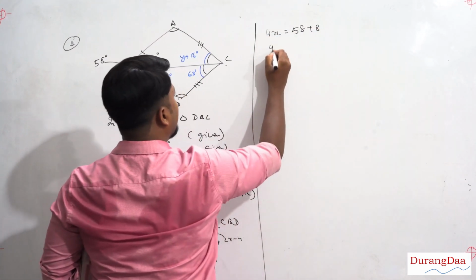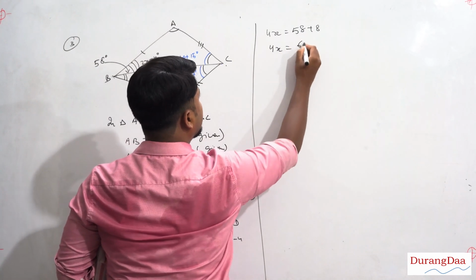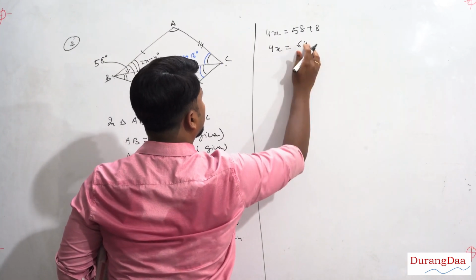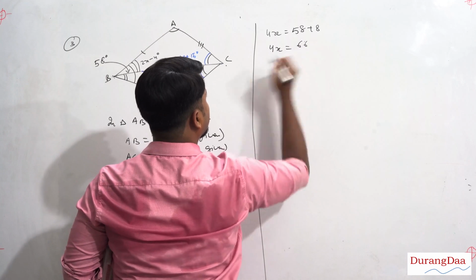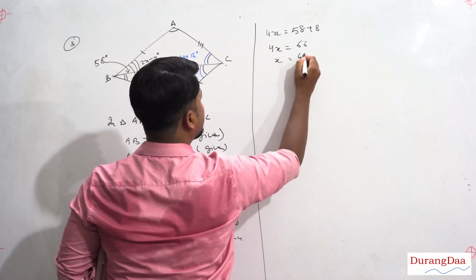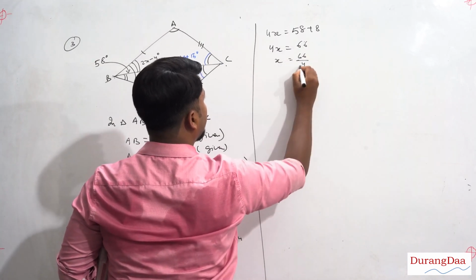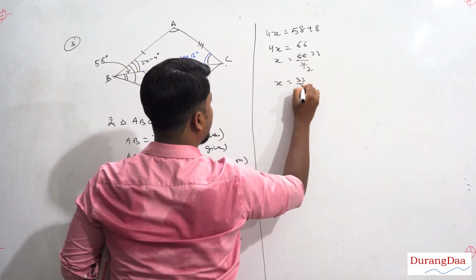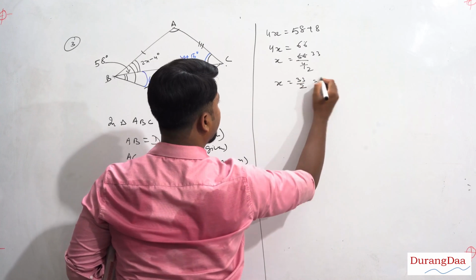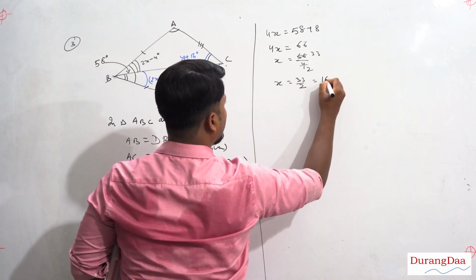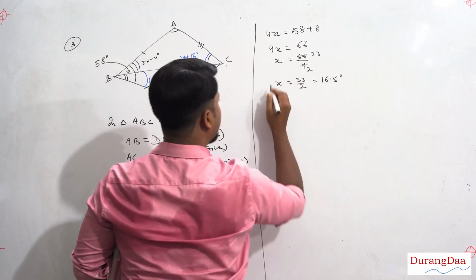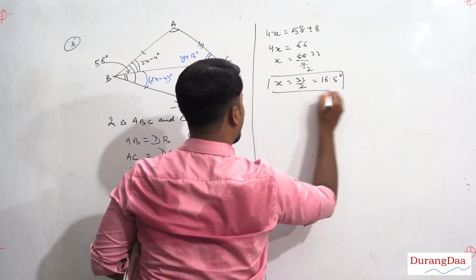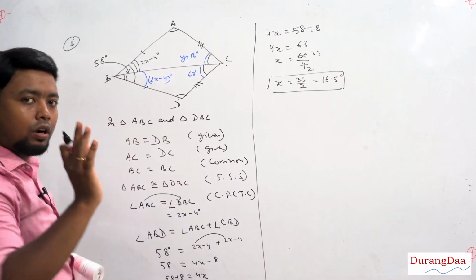So this would be 4x equals 66 degrees. So x would be 66 by 4. Solve it. 2 2s are 4, 2 33s are 66, so x equals 33 by 2, or it would be 16.5 degrees. So the value of x is 16.5 degrees. So we got the value of x.